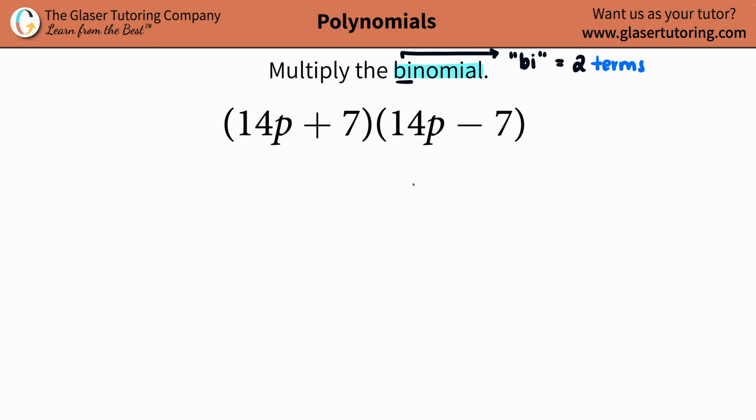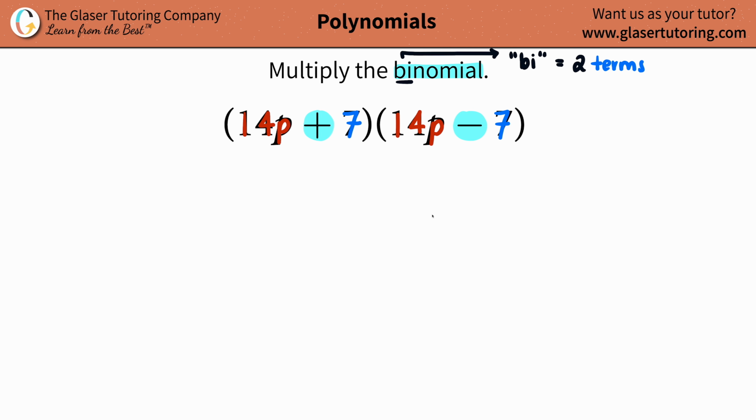But in this case, let's notice something peculiar about this question. For both parentheses, we have the exact same first term, 14p and 14p. And for the last term, it's a 7 and a 7. The only difference is that one of them is plus and one is negative.